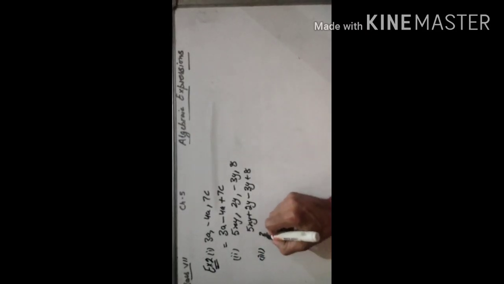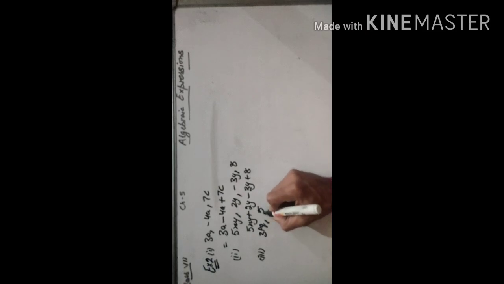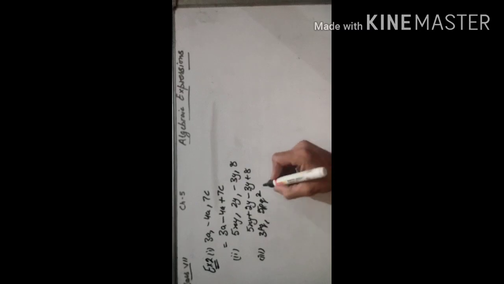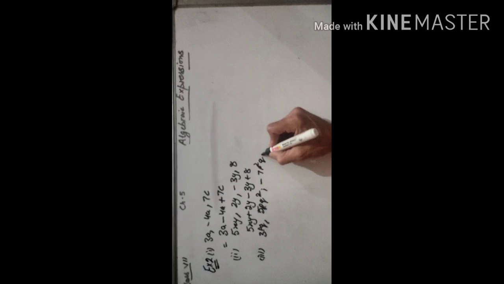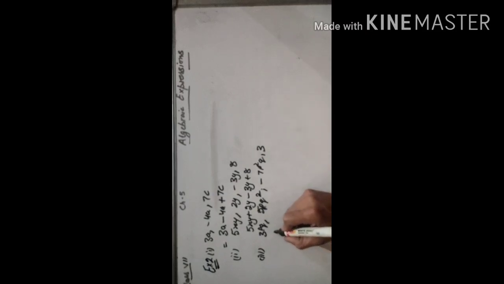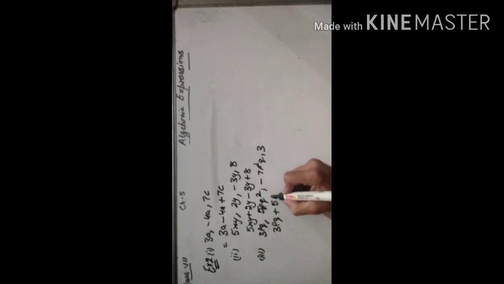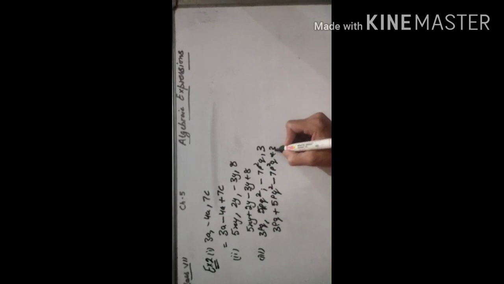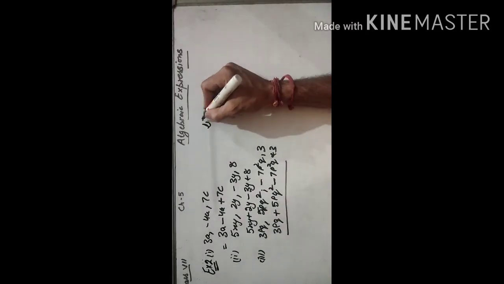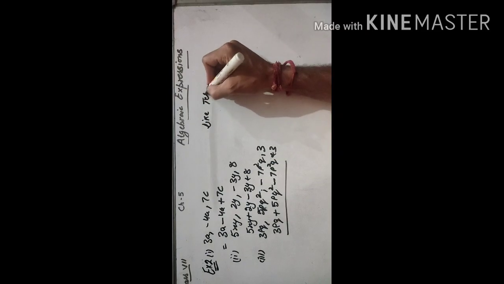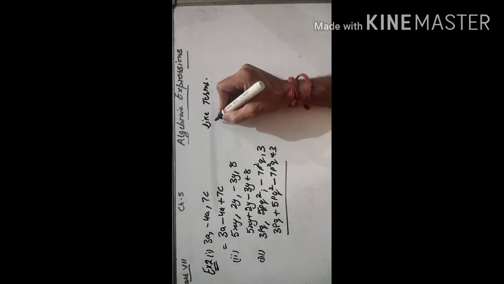Third part is 3pq, 5pq square, minus 7p square q and 3pq. These are all unlike terms. Plus 3. Yes, like terms and unlike terms. Like terms are those terms whose variables are the same.